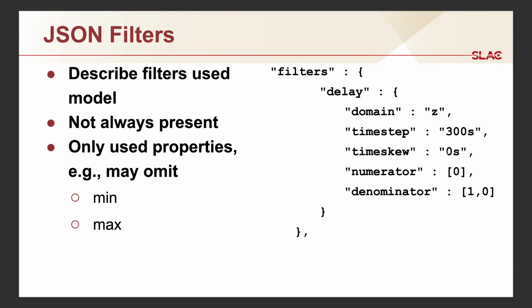Time skew is an offset on that update, so that you can cause it to not only update every 5 minutes, but with an offset of, say, 10 seconds or 30 seconds with respect to that 5-minute update. And then the numerator and denominator, and then other information that might be associated with it, such as the min, the max, and resolution.